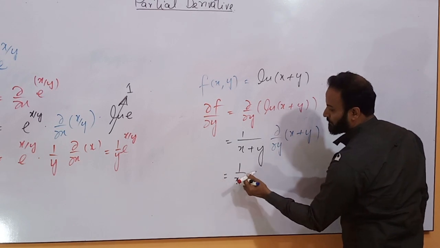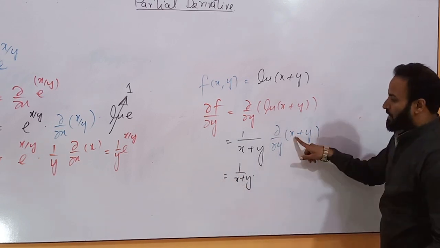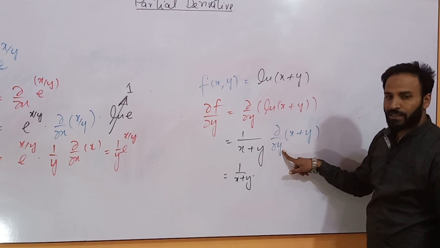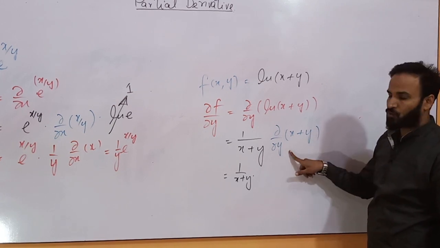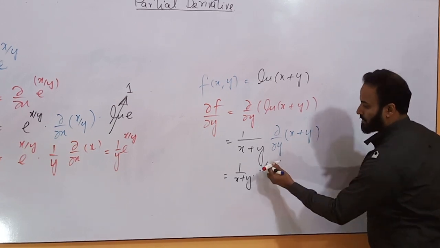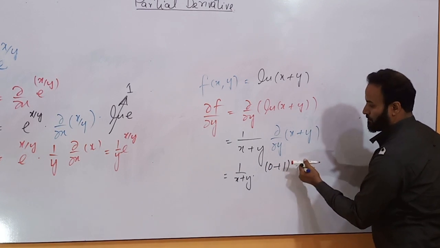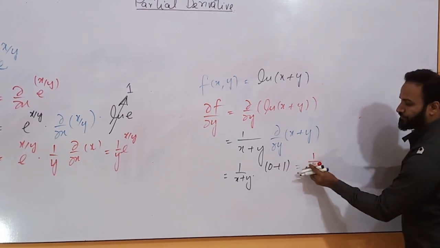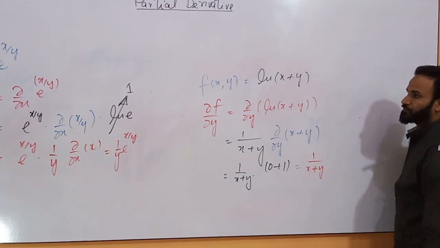The partial derivative of x with respect to y is 0. The partial derivative of y with respect to y is 1. So the answer is 0 plus 1. The final answer is 1 over x plus y.